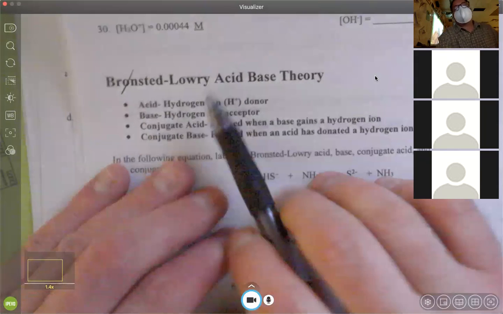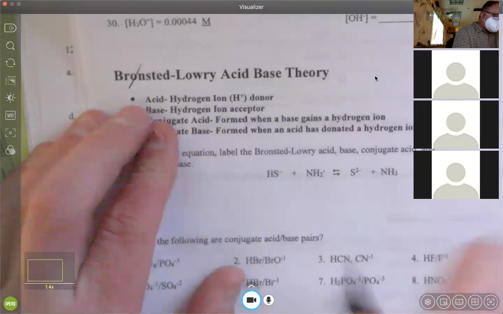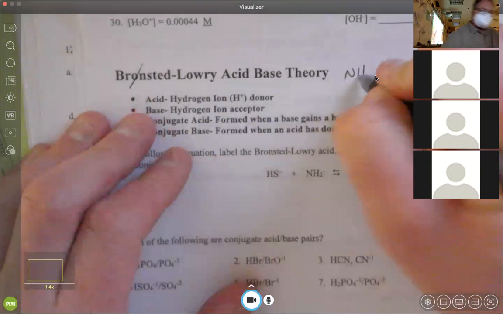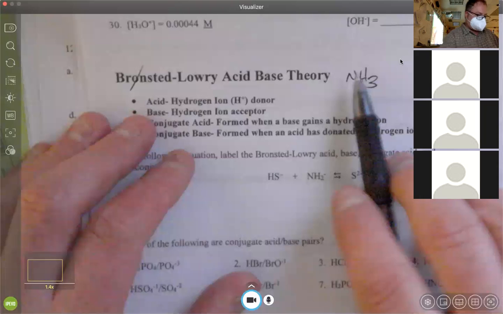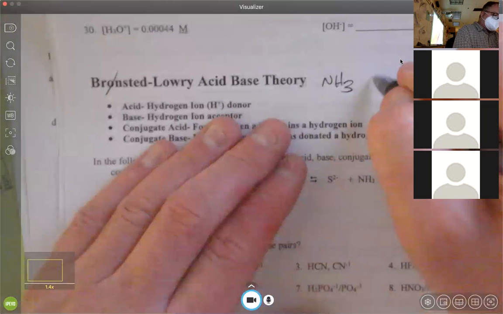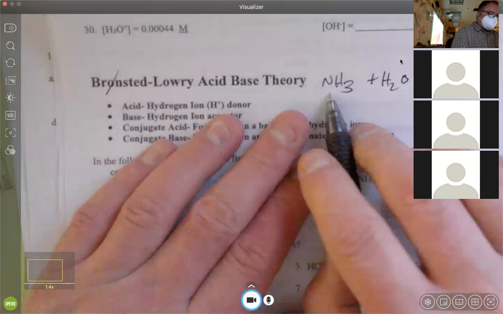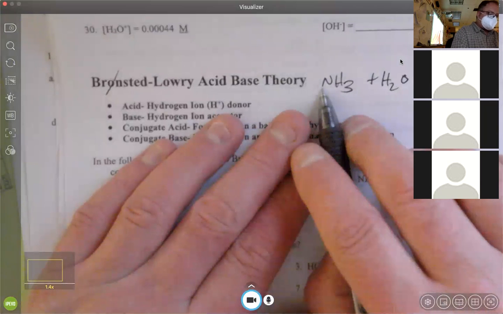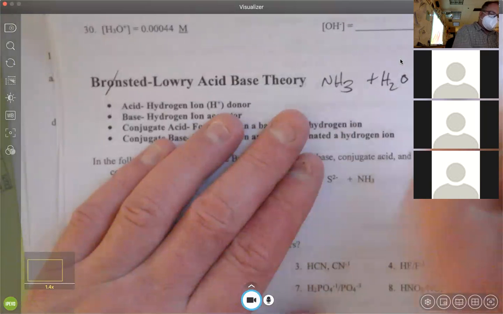So if we take a look, Bronsted and Lowry determined that there are some chemicals that don't look like typical acids or bases. So we have something like NH3, for example. If we add NH3 to water, the nitrogen trihydride, or what we call ammonia, takes a hydrogen from the water.